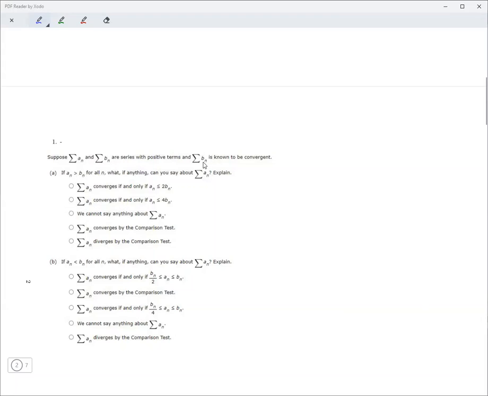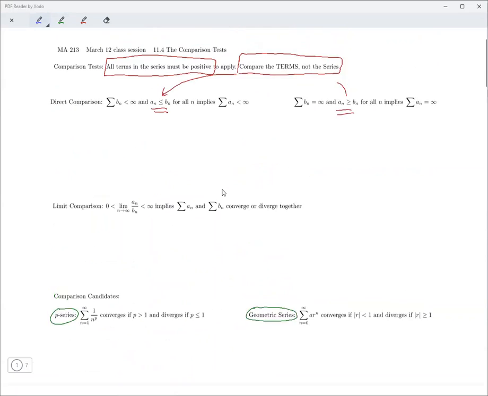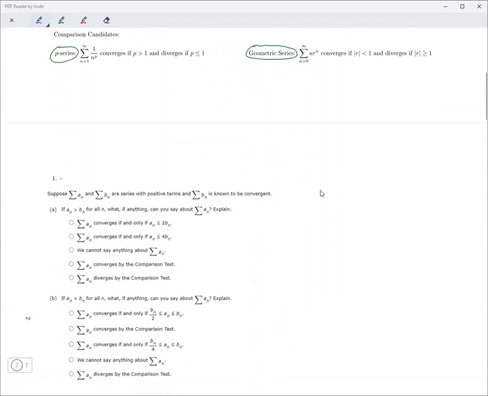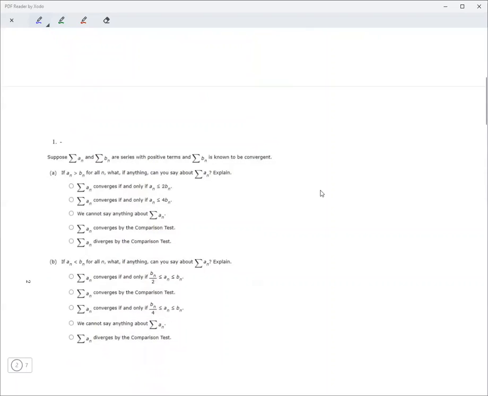So it only applies when the A sub n terms are less than or equal to. If the B sub n converges, you can only say something if the A sub n terms are less than or equal to. And here it's saying they're not less than, they're greater than. So that means you can't say anything, unfortunately. So that's the answer there.